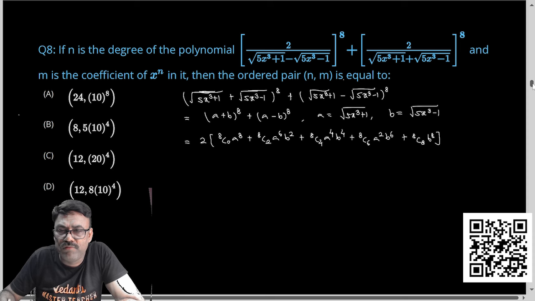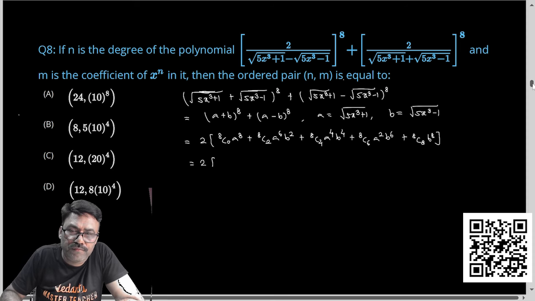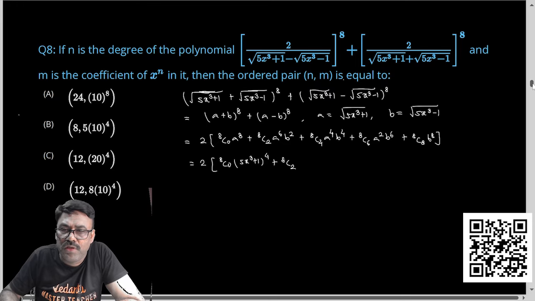Now let's put the values of a and b here. So it is 2 times 8c0, which is basically 1, or let me write 8c0 only. A raised to 8 is what? A raised to 8 is 5x cube plus 1 whole raised to 4. Then 8c2 a raised to 6, 5x cube plus 1 whole cube, and b square, which is 5x cube minus 1.